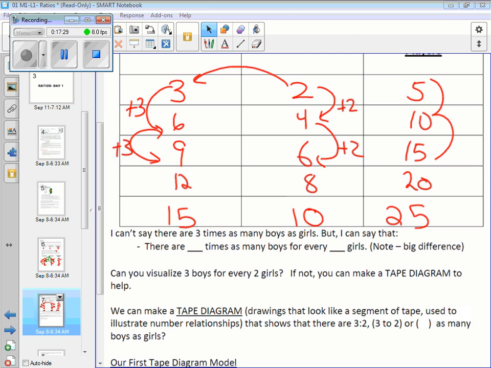Stevie, what works best for you? Are you counting by 3s or are you using multiplication? How did you do it? 1 by 3 is here, 1 by 2 is here, and 5. You got it. That's a strategy.